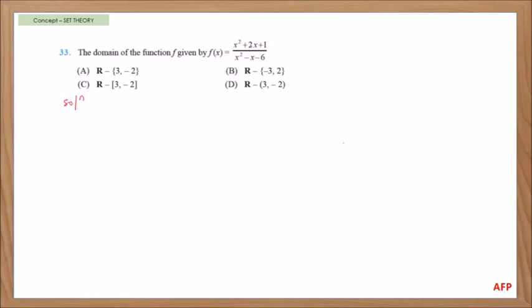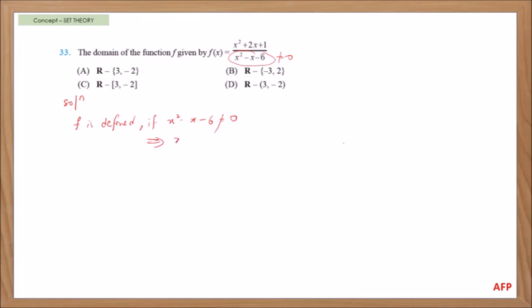Solution. The denominator should not be equal to 0 for the function to be defined. So f is defined if x square minus x minus 6 is not equal to 0.